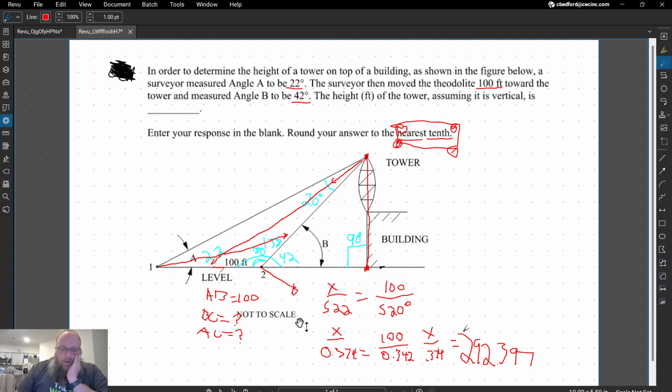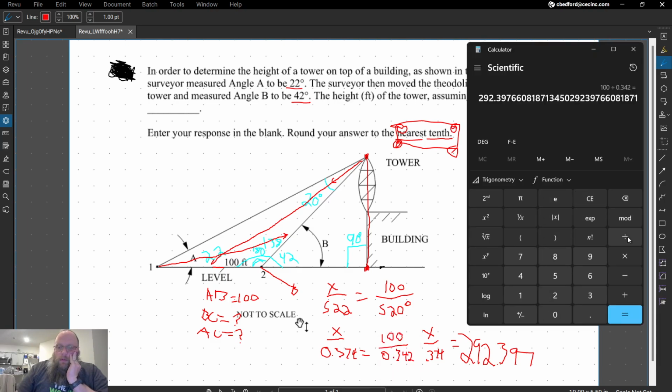All right. So I just got to multiply that over, times 0.374. Not what I'm looking for at first, I'm supposed to do 374. Yeah. All right. So 292.397 times 0.374 equals. There you have it.